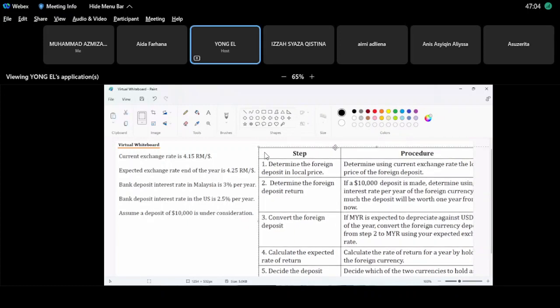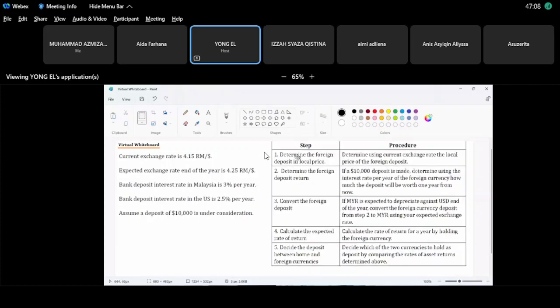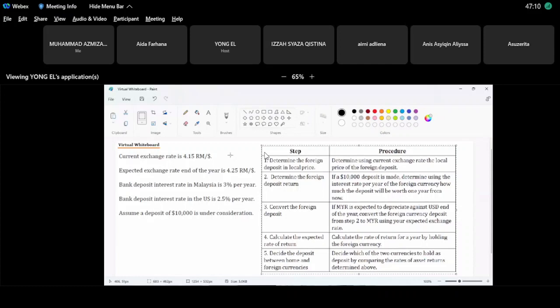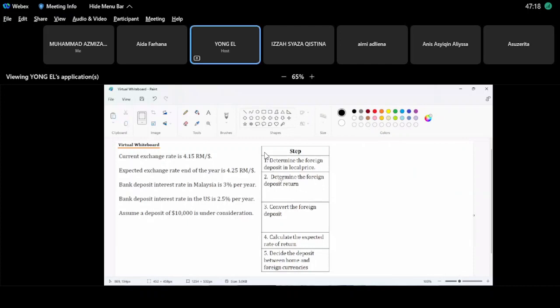What should I do? Right, and I'm going to remove this part so that we can refer at least to the several steps here.